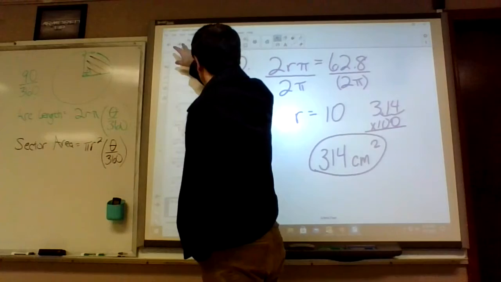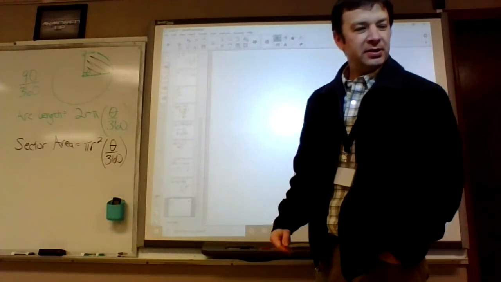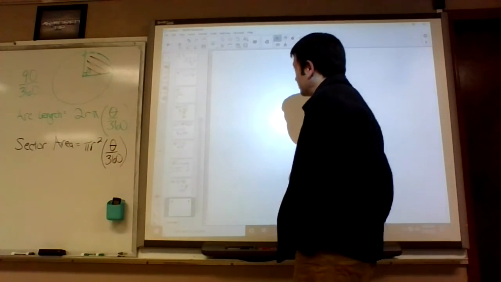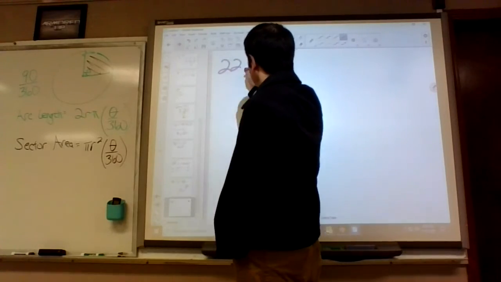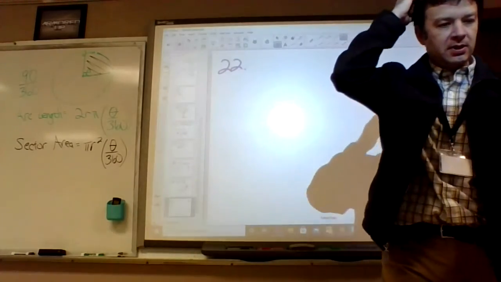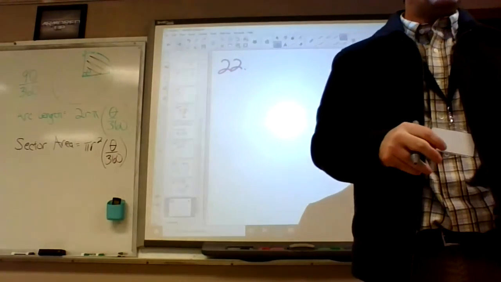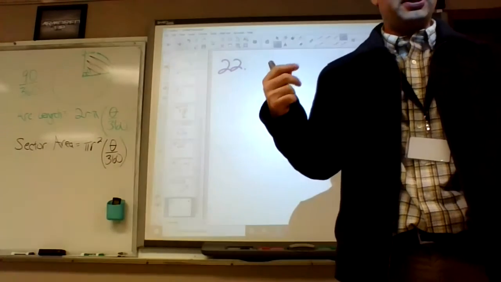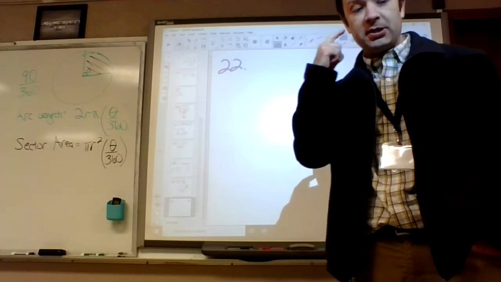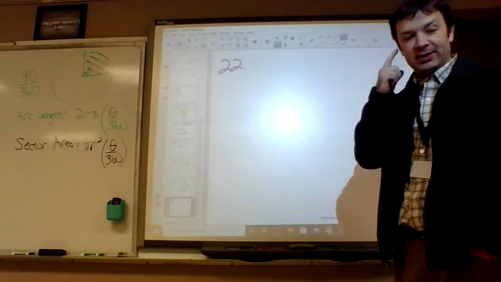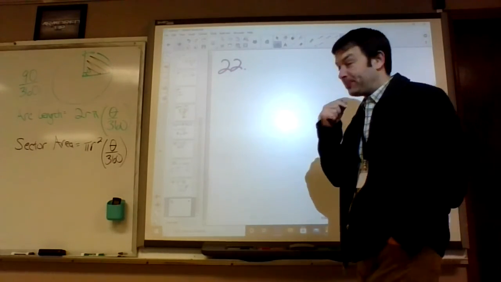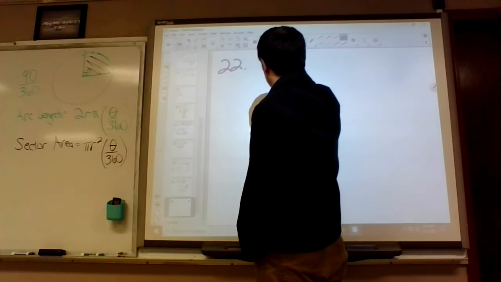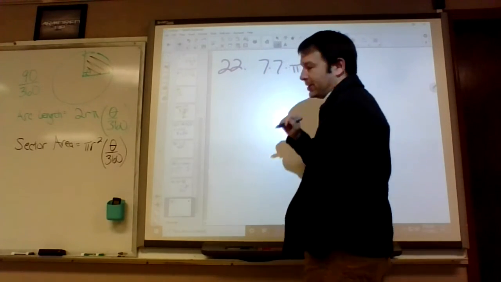Alright, 22. Okay, so the circle area, it doesn't say anything about using pi in your calculator, so we're going to leave pi in the answer again. So we're going to do 7 times 7 times pi, although I'm not going to plug pi in.